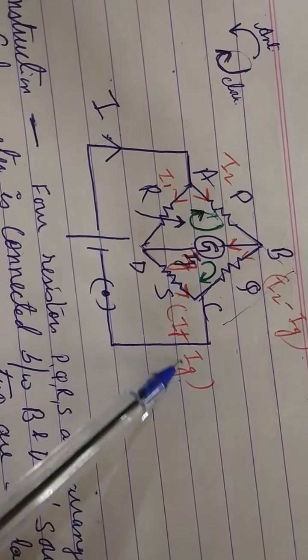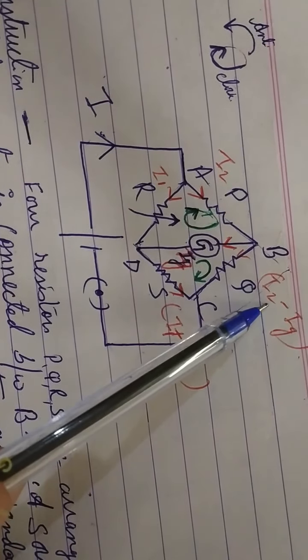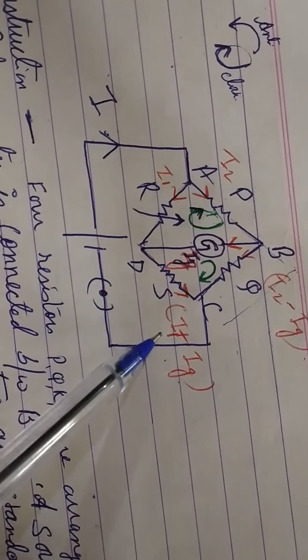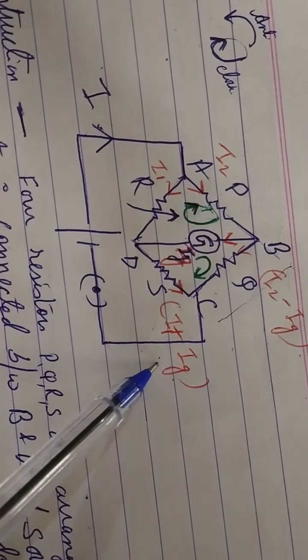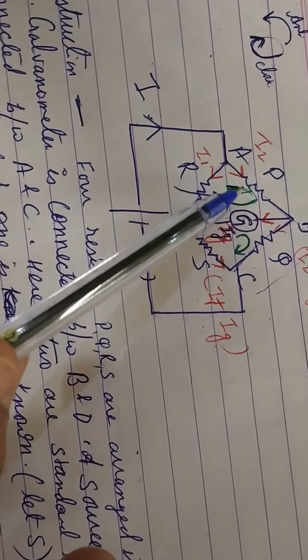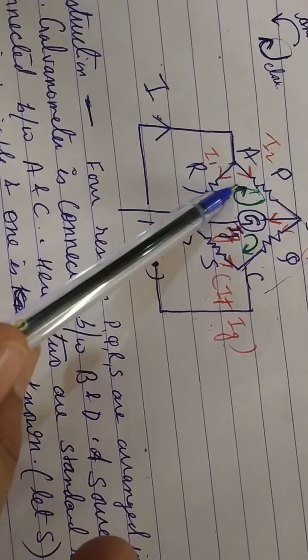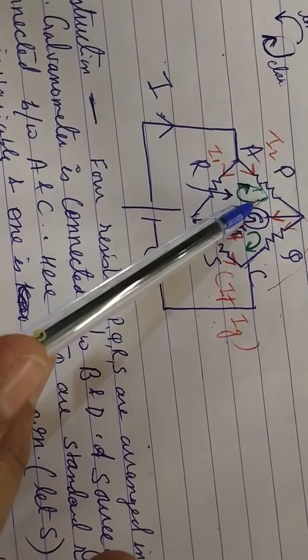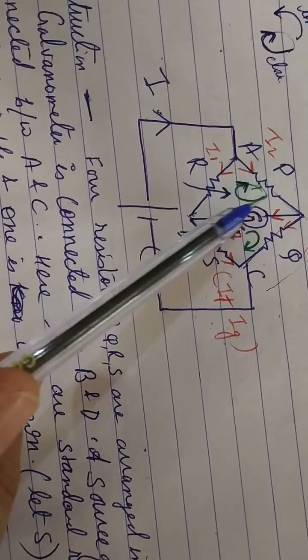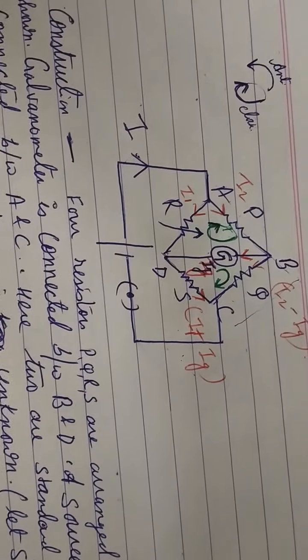So the current in R is I1, in P is I2, in Q is I2 minus Ig, and in S is I1 plus Ig. Now we have to assume a direction of calculation in this loop A, B, D, A. We have taken the clockwise direction, or you can choose anti-clockwise also, but here I have taken clockwise.